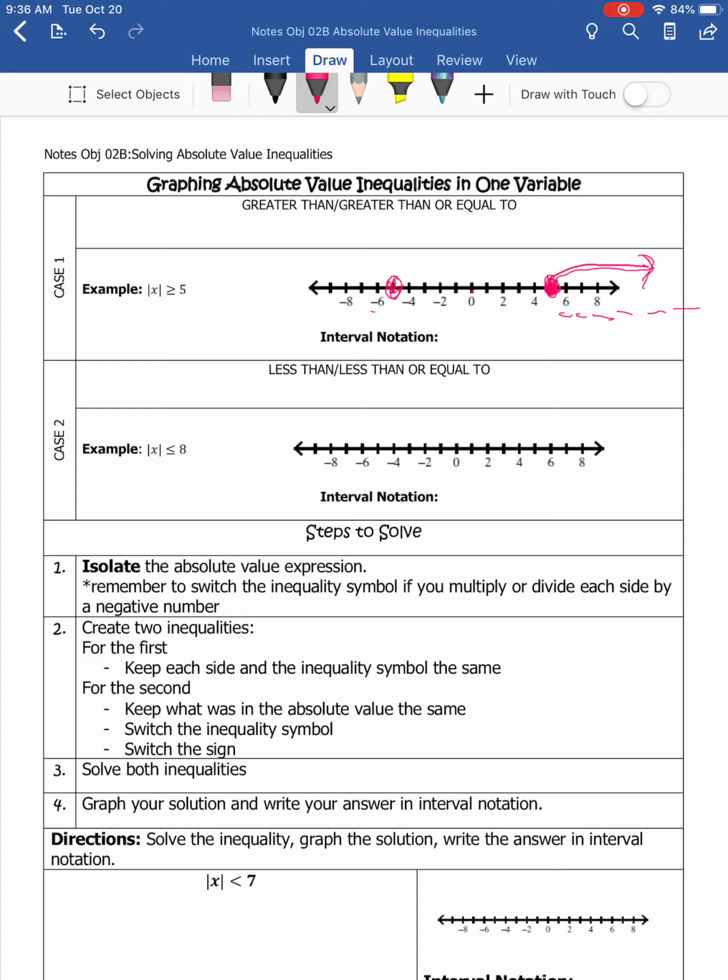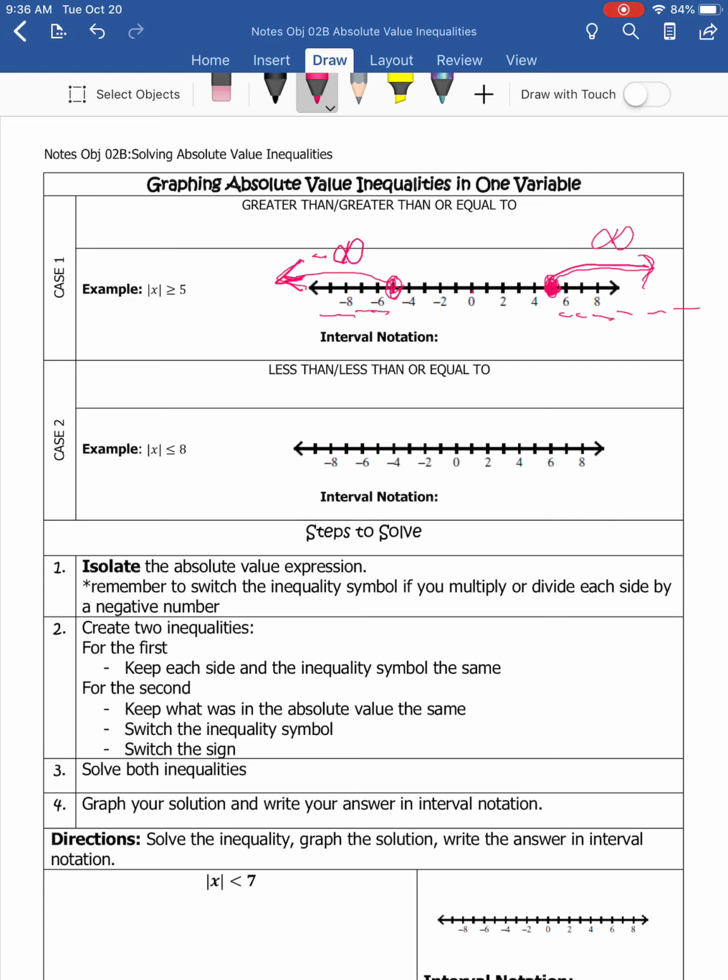And then negative 6 is, negative 7 is, negative 8 is, negative 9 is, so on and so forth. So I have an arrow going to the left. Same thing, this arrow keeps going to the left, to negative infinity. It just tells you that that's always going to be going to the left. And then on the right, this goes to positive infinity.